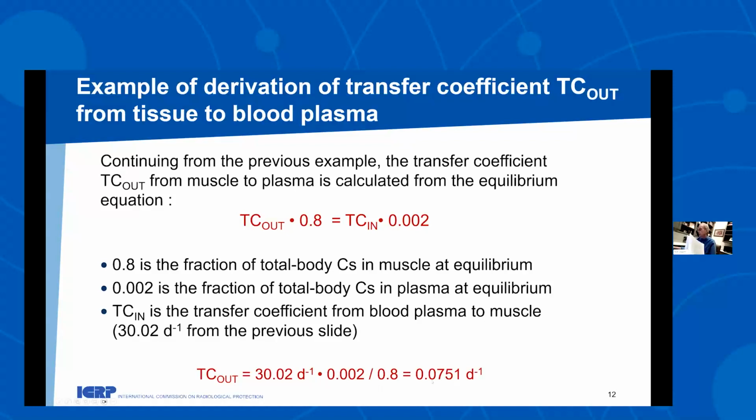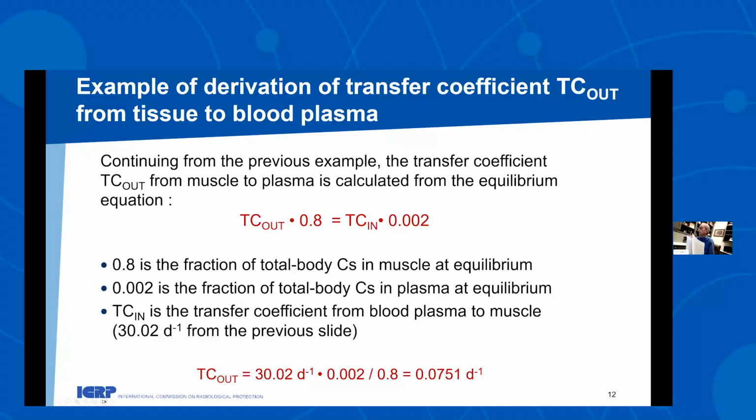And that's 0.0751. Way too many significant digits. But that indicates that the half-time of removal of cesium from blood plasma or from muscle would be about 9 days based on that rate.